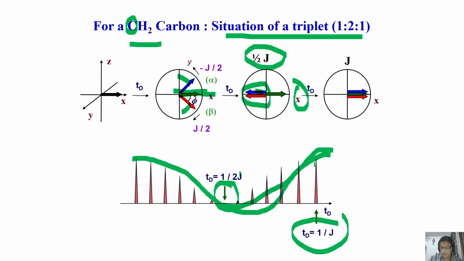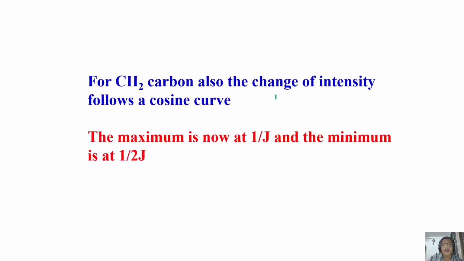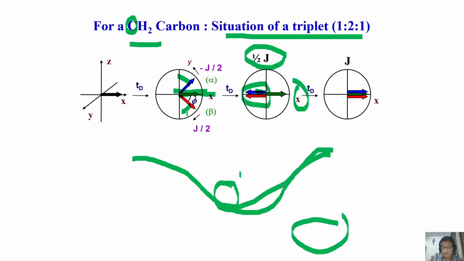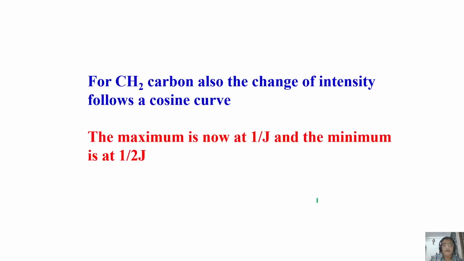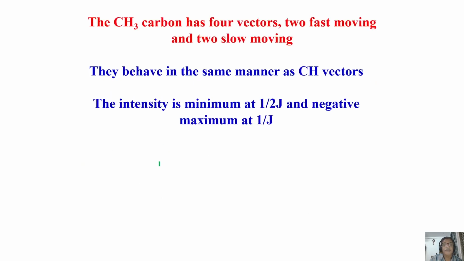So for the CH2 carbon, you can monitor the change in intensity. It follows a cosine curve, but you see the cosine curve is not going like this. It is positive. So it is following a different pattern. The maximum is now at 1 over J and the minimum is at 1 over 2J.